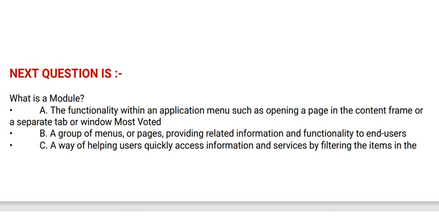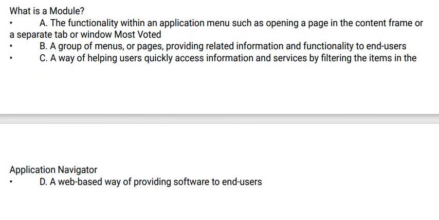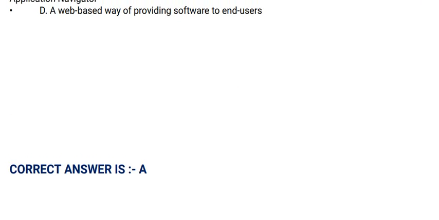Option C, a way of helping users quickly access information and services by filtering the items in the application navigator. And option D, a web-based way of providing software to end users. And the correct answer is option A.